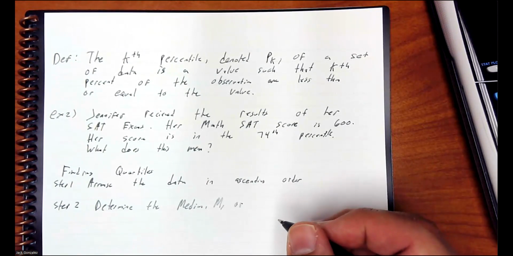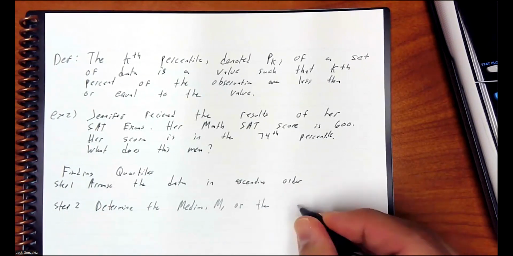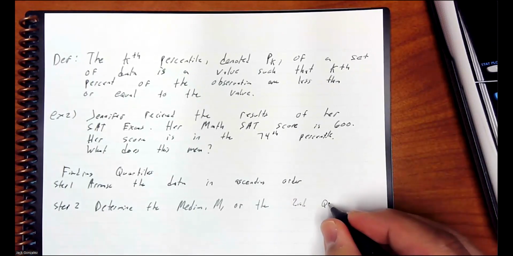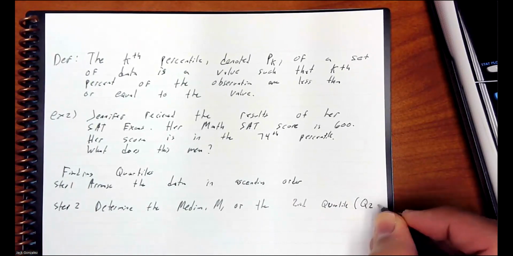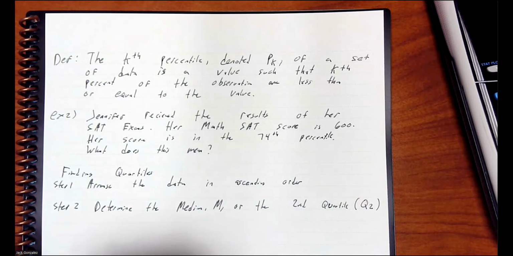Median is also the second quartile. So if you see Q2, that is the median. If you want to find Q2, just find the median first. So first step is put the data in order. Step two, find that median. You got Q2.